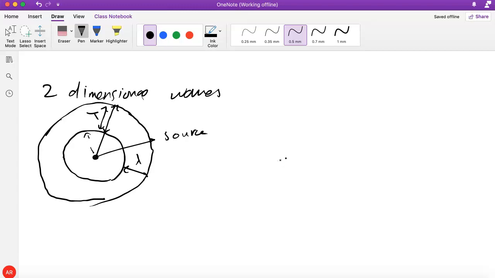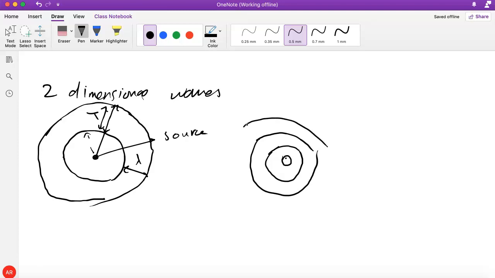As the waves just begin to emanate, maybe that's very close to the source, but the ones that have propagated for some time are all guaranteed to be distance lambda from each other.